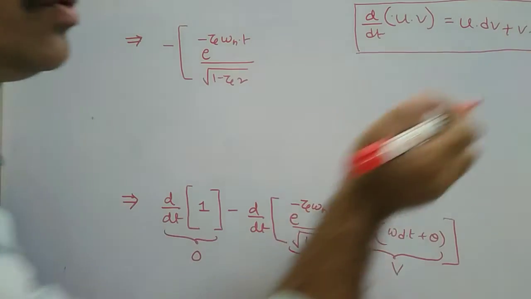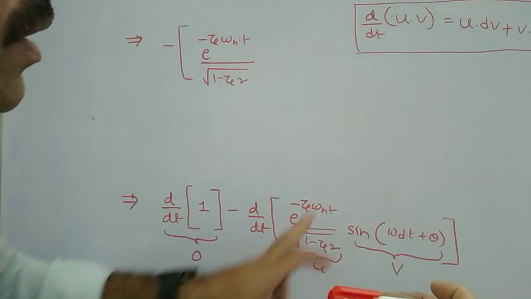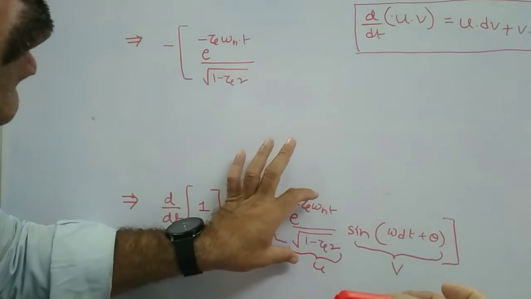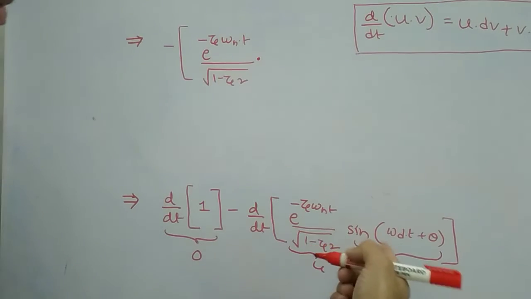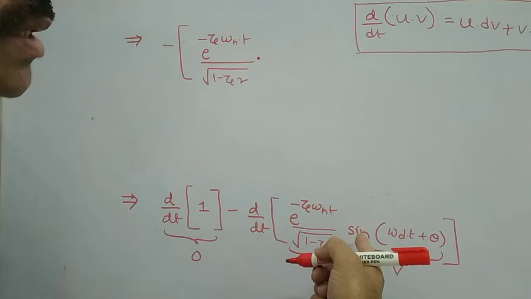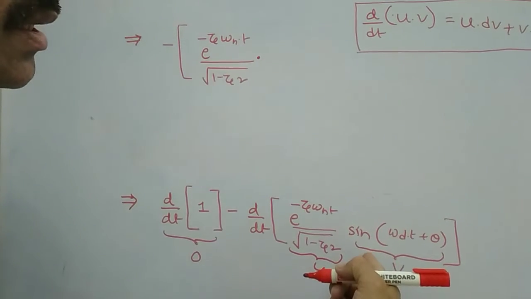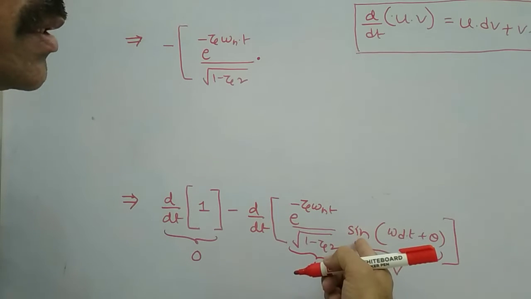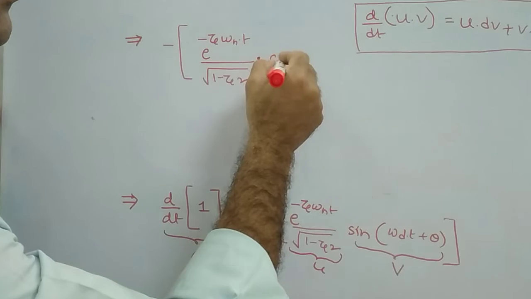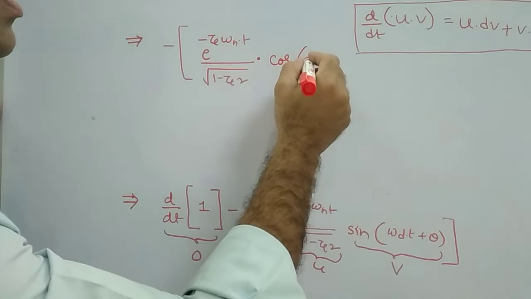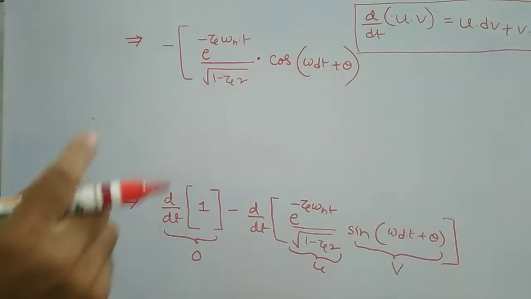Now this is u into dv, means you differentiate this. This is the sine term, so you differentiate v. The differentiation of sine is cos, therefore you write cos of omega d t plus theta.